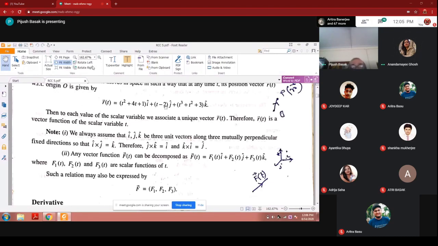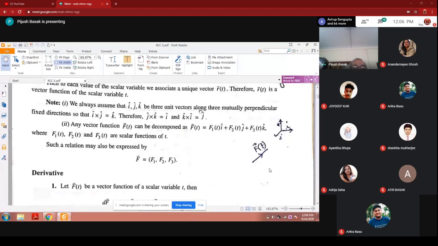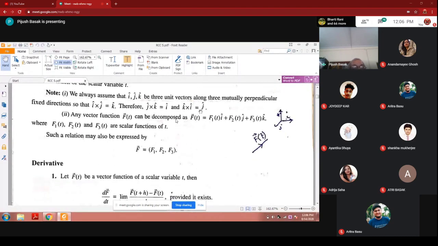Is it okay? And what is f3(t)? That is t cube plus t square plus something. According to the problem, we have to decide what will be f1(t), f2(t), and f3(t). So usually it is just written as f vector equal to (f1, f2, f3), showing the components.